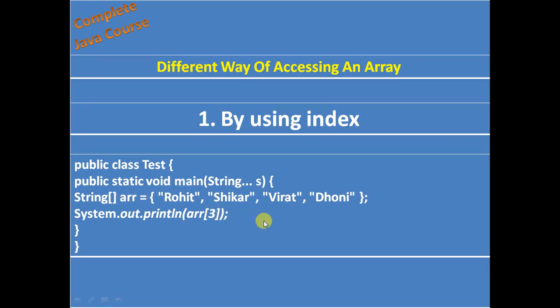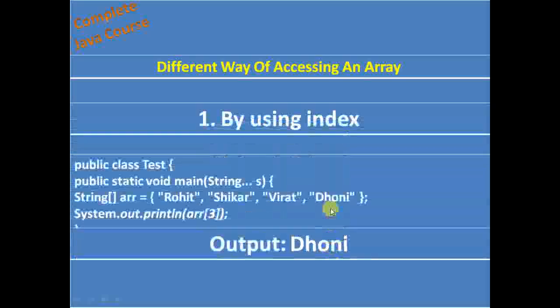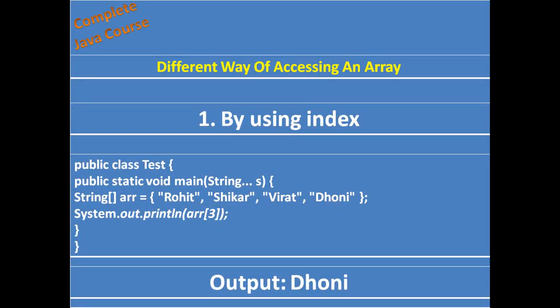If I want to access any element from the array, I can directly access it with the help of the index. But the index should start from 0. If I pass 0, I will get Rohit. If I pass 3, I will get Dhoni. So the output for this is Dhoni.